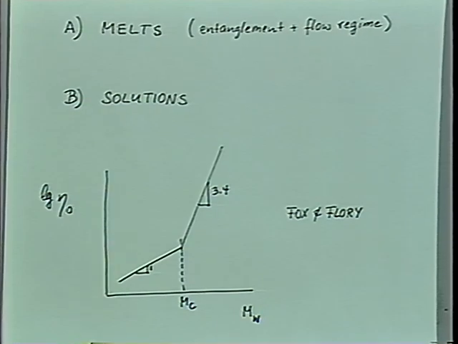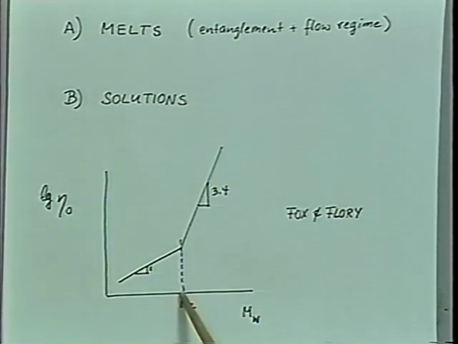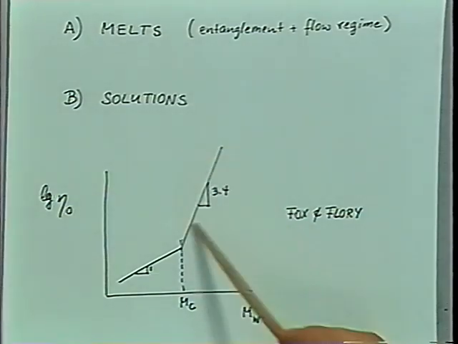Nobody has seen entanglements, but it's a convenient way of saying that there's some connectivity between the molecules, which makes the material behave network-like at intermediate timescales, like a rubbery material. So above that characteristic molecular weight, we would expect elastic behavior, and that's the focus of our experiment.